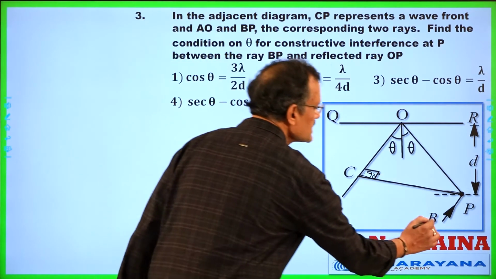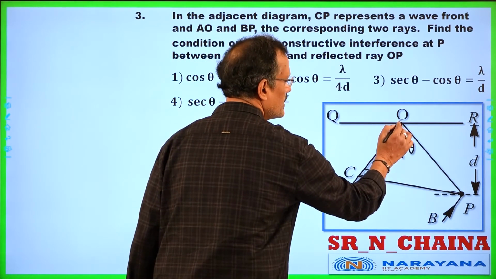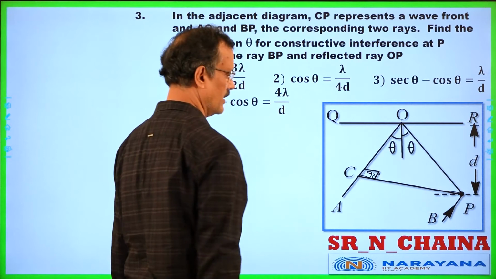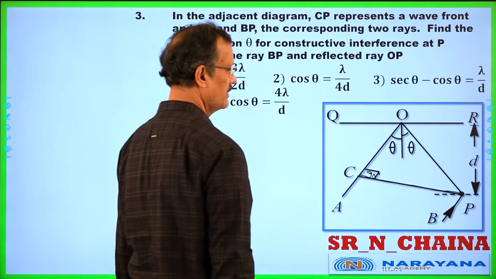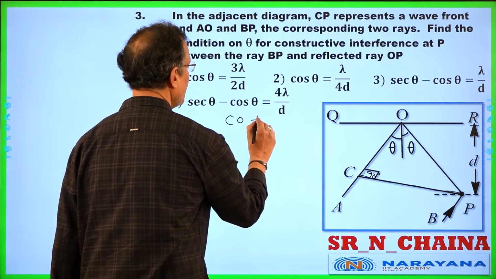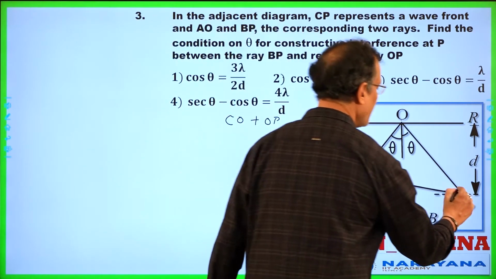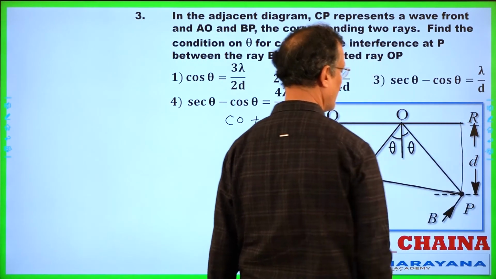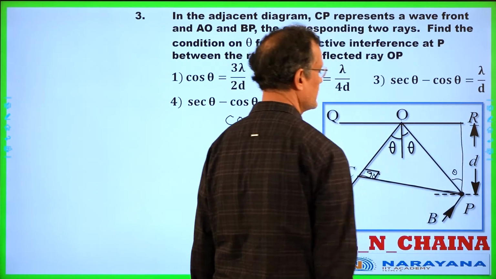This ray is directly reaching here and this ray is traveling till O and then reaching here. So the path difference is CO plus OP. We have to get CO separately and OP separately. For OP, drop here. This angle is theta, this angle is theta.